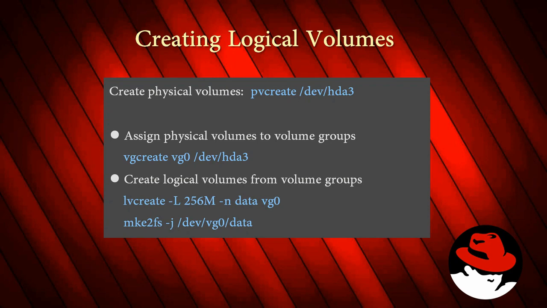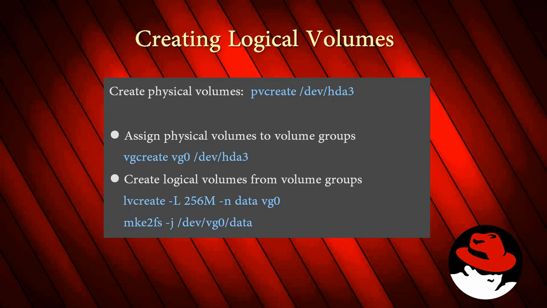You can create a logical volume by using the pvcreate command to create a physical volume. You can assign physical volumes to a volume group. Then you need to create a logical volume from the volume group. This is the syntax.